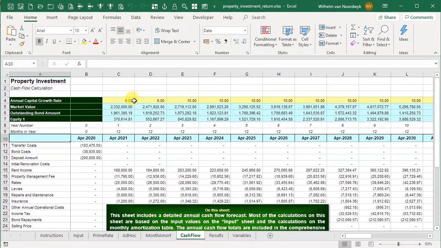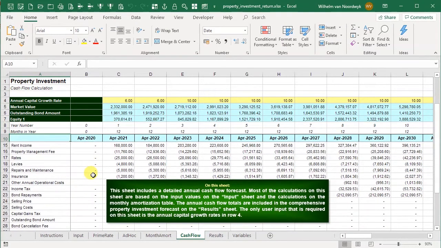So the market value and outstanding bond: the outstanding bond amounts will be determined based on the amortization table, which will give you an equity 1 value. In terms of the operating costs, your transfer costs will be included in year 0, and then year 1 to however long your investment period is will be included here.